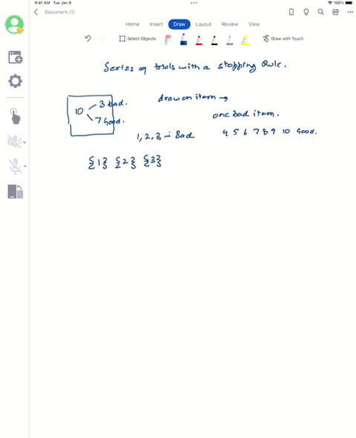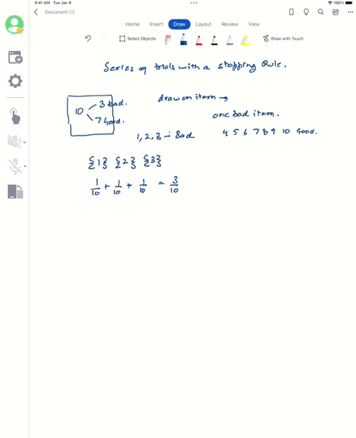So the possibility of a bad item in the first draw, because each of them has equal probability, is 1 by 10, 1 by 10 and 1 by 10. So that will be 3 out of 10 in the first draw.